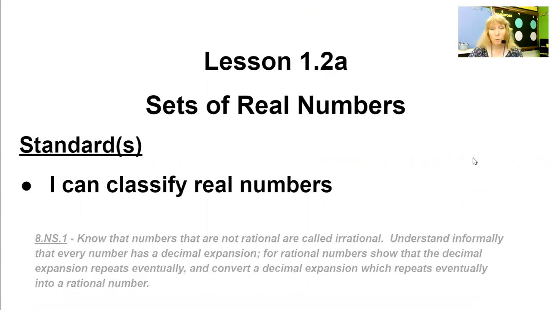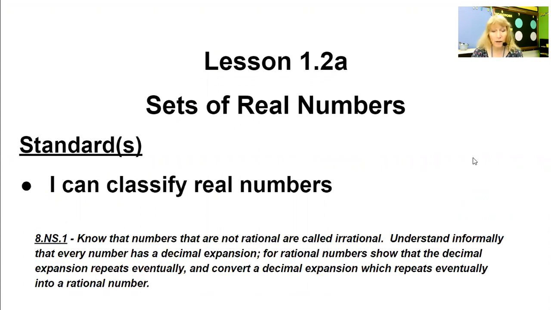And we are still in standard NS1, so by now you should know most of the things from this standard and have at least practiced and tried them out. Knowing that numbers that are not rational are called irrational. Understand formally that every number has a decimal expansion, and that's converting fractions to decimals.